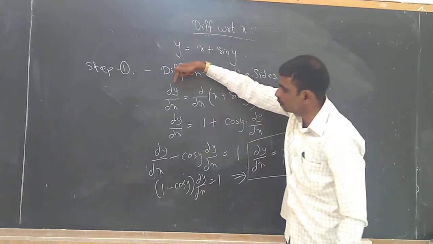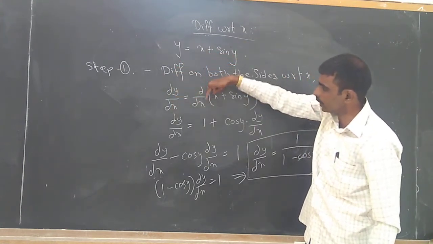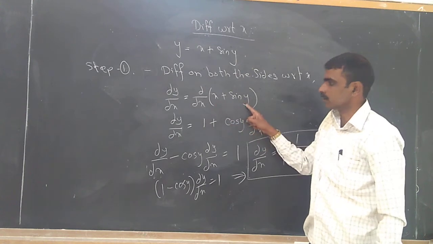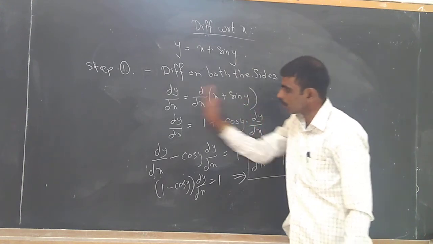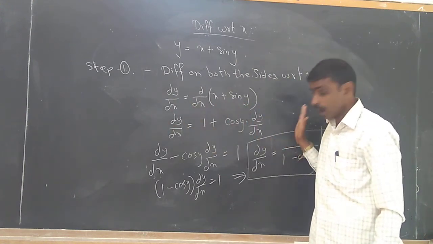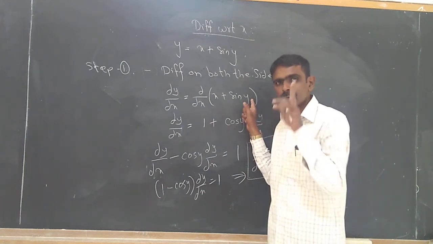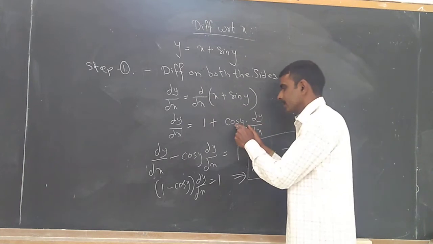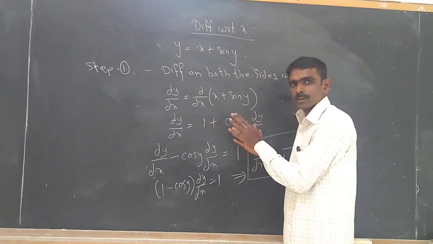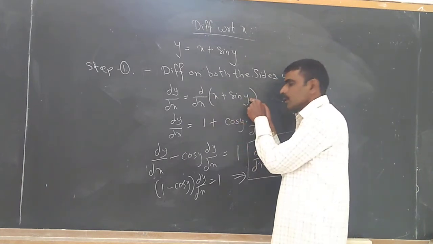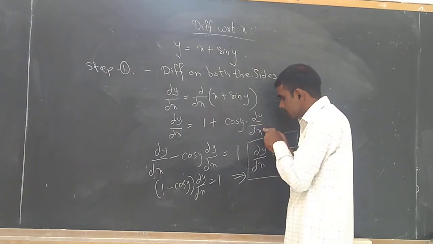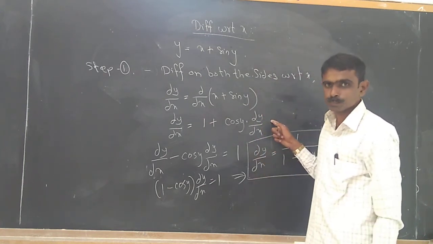So that will give you dy by dx is equal to d by dx of x plus sin y. Then you go on differentiating. After you differentiate, keep in mind that y happens to be a variable. Many of the students just write it as cos y and keep it. That will be wrong. If there is a term in y, you have to always write dy by dx.